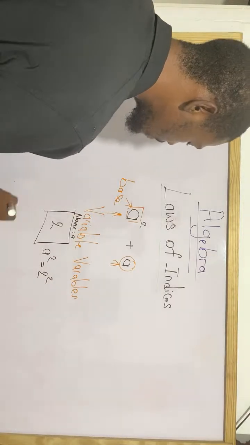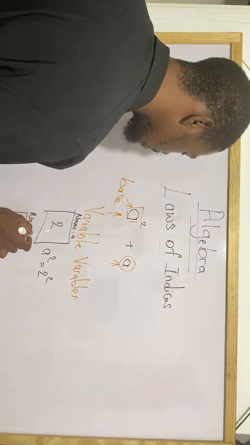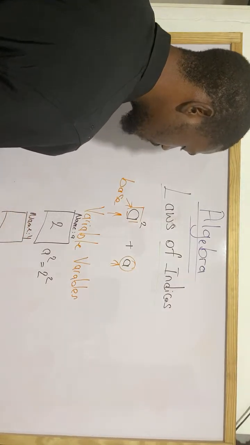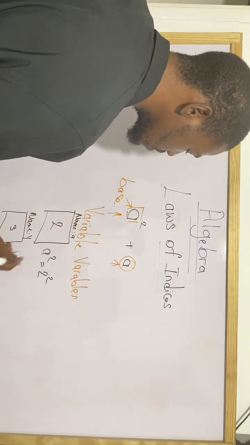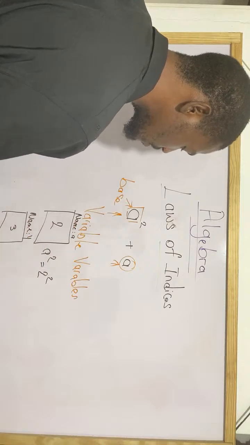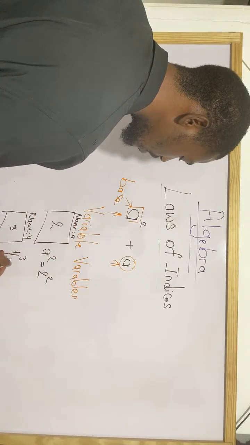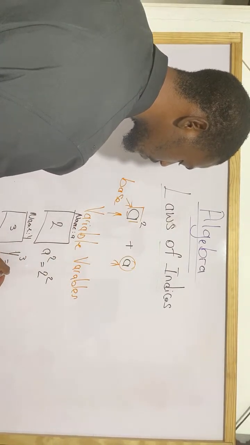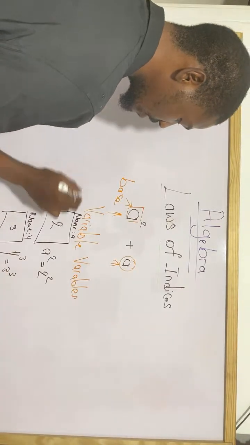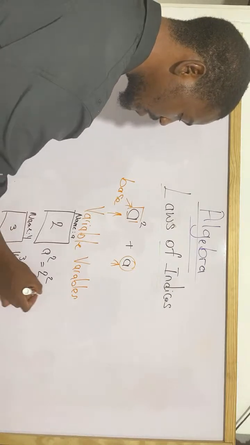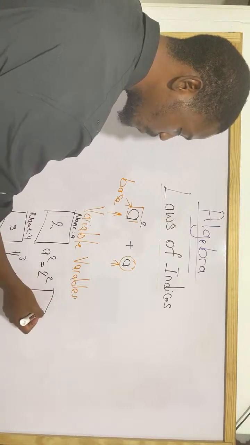If I were to have another box and give it another name, let's say this box is y, and in this box is 3. So if anywhere I go in algebra I decide that y represents 3, it means that if I say y cubed, it also means 3 cubed.